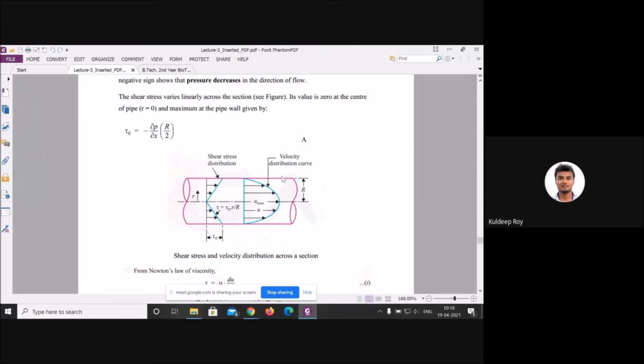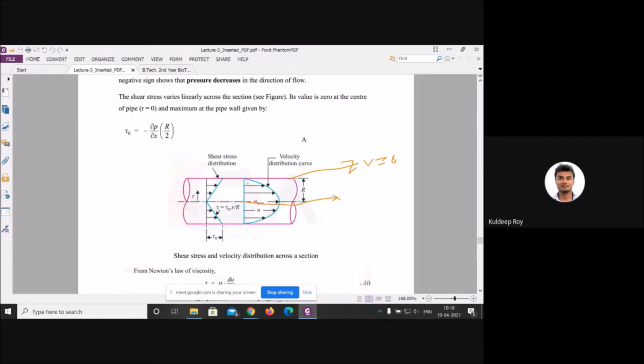As I already told, the no-slip condition means that at the surface the velocity will be 0, and the velocity will be very high at the middle of the pipe. Don't forget this, please. Here the velocity is very high; at the wall you assume v equals 0, the no-slip condition. But we have not talked about the pattern of the shear stress.